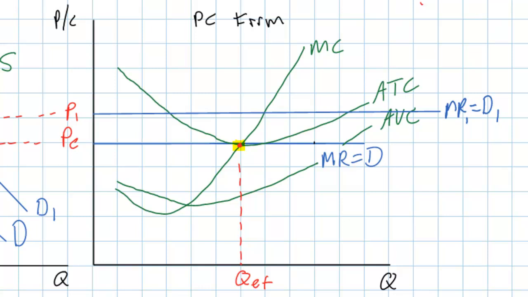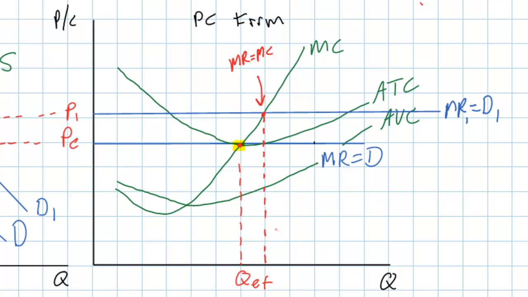But how do the individual firms respond to the higher level of demand for the good in the market? Well, as we see, there is a new quantity at which marginal revenue equals marginal cost. The firms are profit maximizers, so they'll want to continue to produce where MR equals MC, but that now corresponds with the greater quantity for each individual firm.